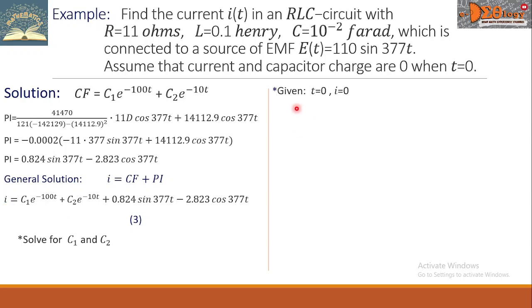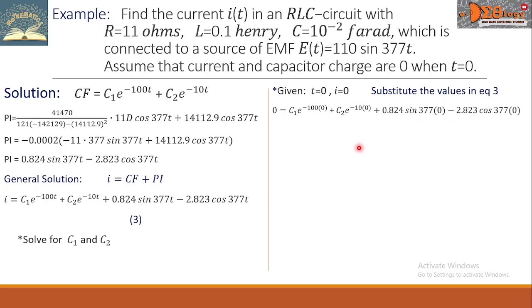Look at the given, it says t equals 0 when I equals 0. We substitute these values in equation number 3. So equation number 3 becomes like this. Let us simplify the equation. And equation number 3 is further simplified into like this. On this line, we can remove the constant 1 respectively.